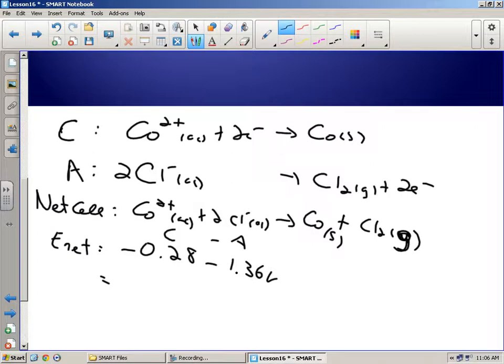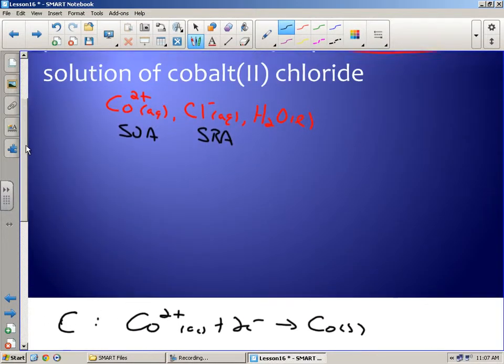Adding those two up, negative 1.64 volts. Now, some people say that's the minimum you need to make this reaction take place. You'd have to put in at least 1.64 volts to make this reaction take place.